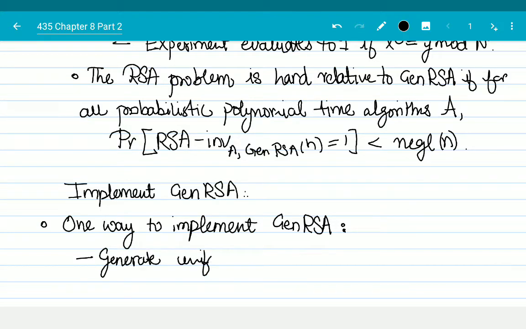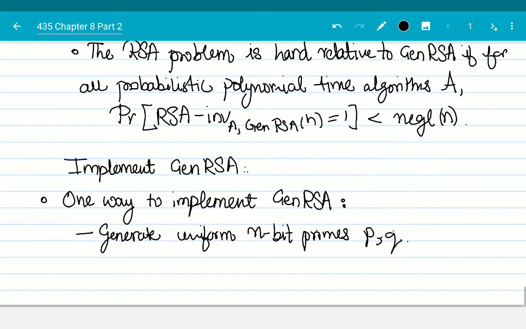Generate uniform n-bit primes P and Q. If you want, you can have a list stored of all primes up to, well, let's say currently most of the primes still like 30 digits are known or whatever. So maybe store some 20-digit primes, 10-digit primes, doesn't matter. Store a list of really, really big primes, doesn't matter.